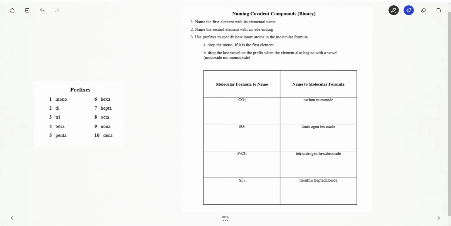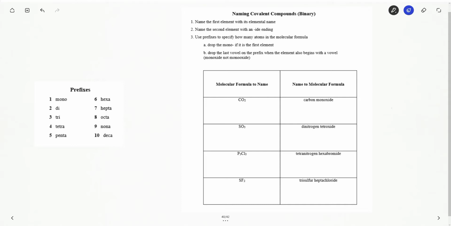Our third rule states that we will use prefixes to specify how many atoms of each element we have in the compound. If you look to the left-hand side of the screen, you can see I have listed the prefixes out from 1 to 10. There are two modifiers to this prefix rule. The first one is that we will drop the mono if the first element happens to just have one atom.